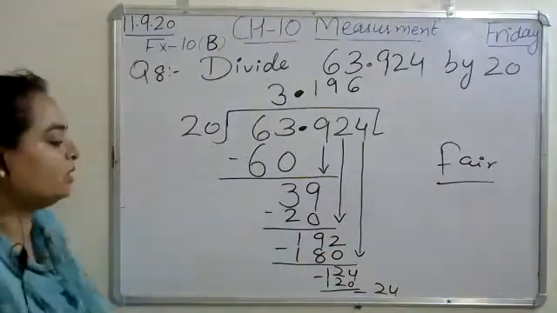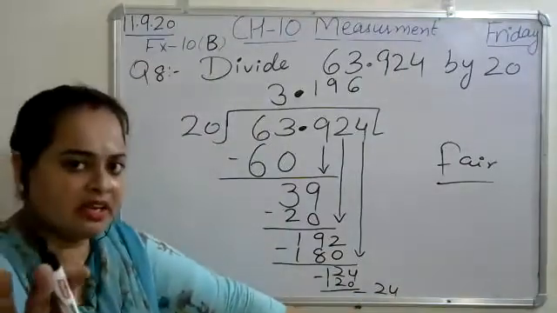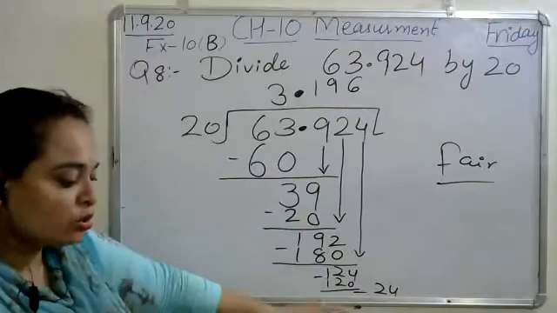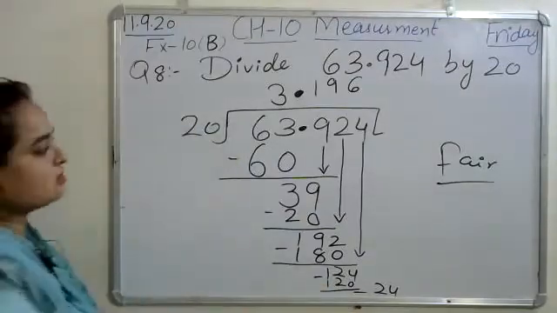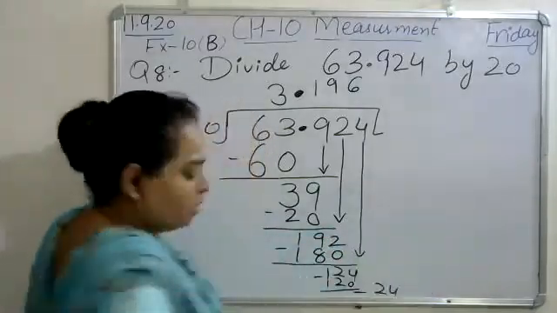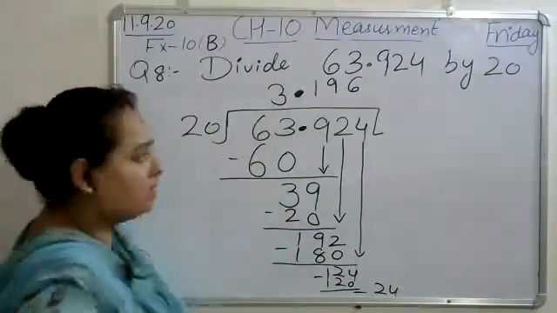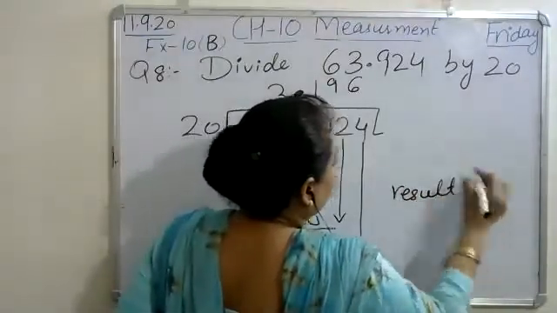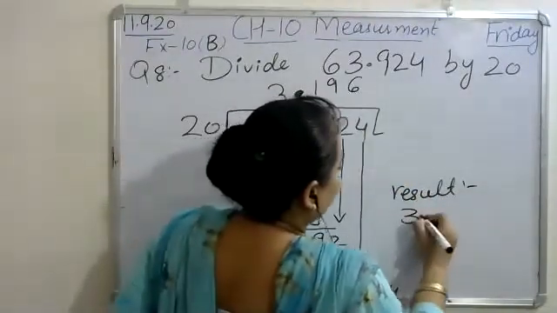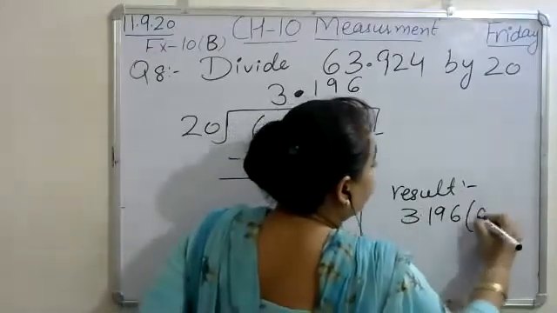Remainder is not 0. So no need to worry. No need to divide further. Write like this. In the result, write down 3.196 approximate.